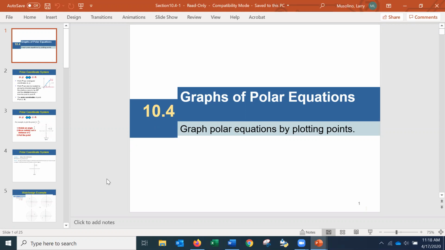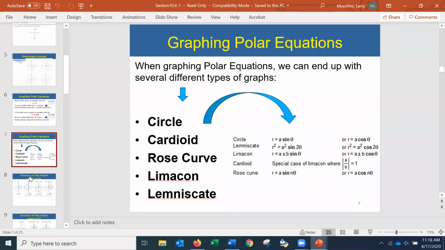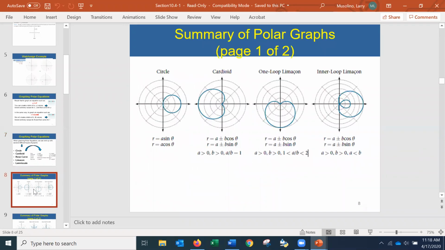Let me give you a quick example. So here were the different kinds of graphs we were talking about. When you graph these polar equations, you could end up with graphs that are either circles, cardioids, rose curves, and so on. And here's slide 8 that shows you what some of these polar curves look like.